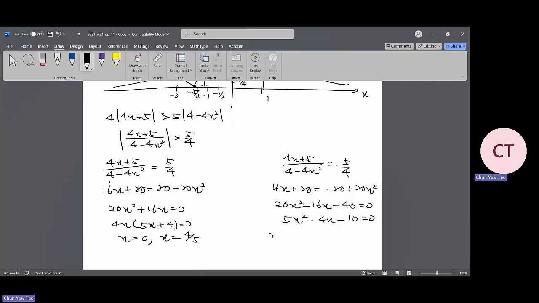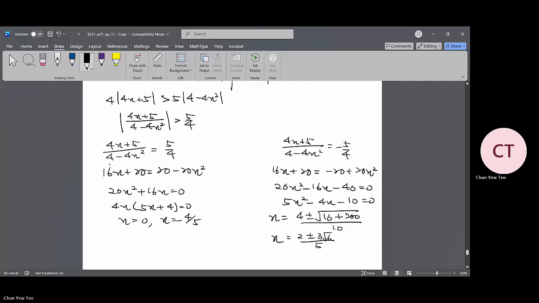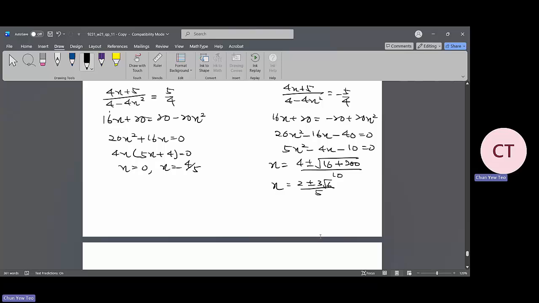So you just need to use the quadratic formula: negative b plus minus the square root of b squared minus 4ac, divided by 2a. Then you will get 2 plus minus root 6 over 5. Okay. So you get four values.